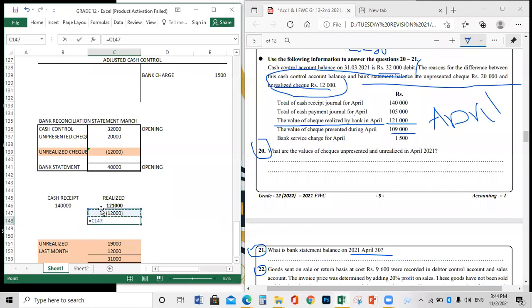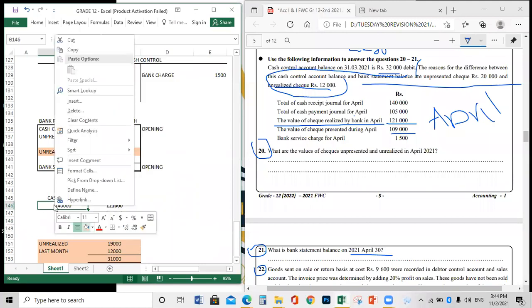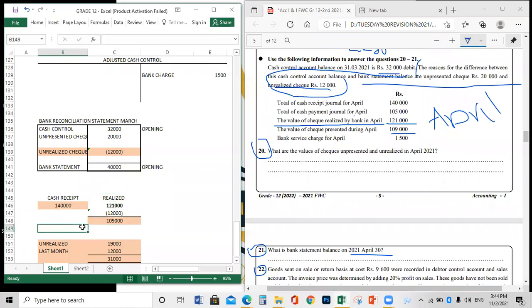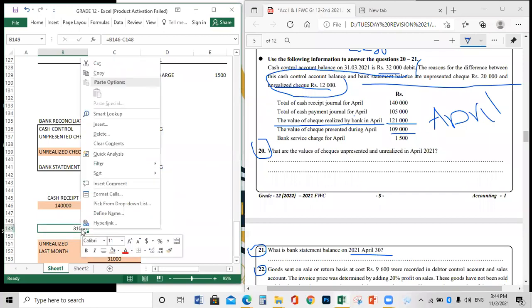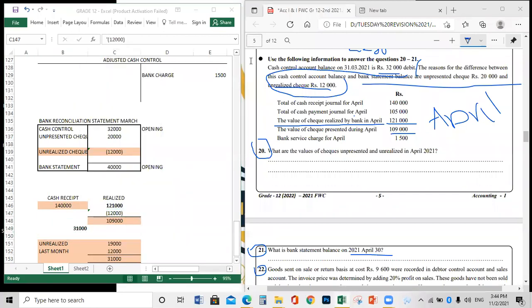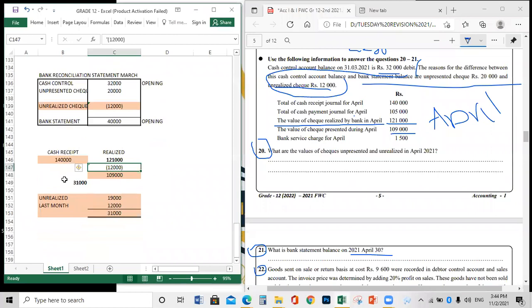Now you find the difference between this and this, and you get the unrealized amount. That's going to be 140,000 minus 109,000, which is 31,000. Another way to get the answer, 31,000. Are you all clear?